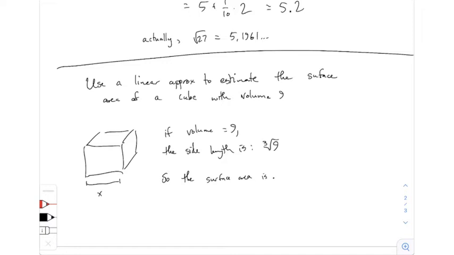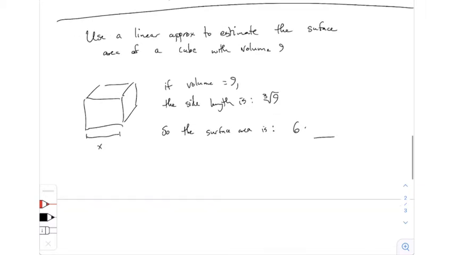I want to say something like 6 times the area of each side, because there are 6 sides in the cube and they all have the same area. What would the area of one of the sides be?